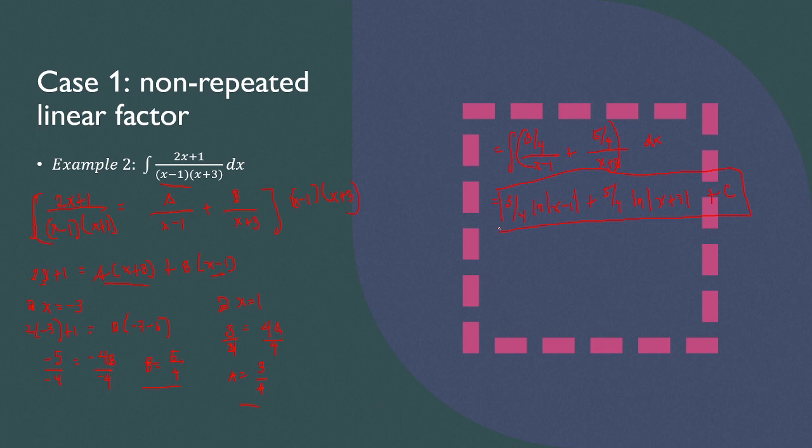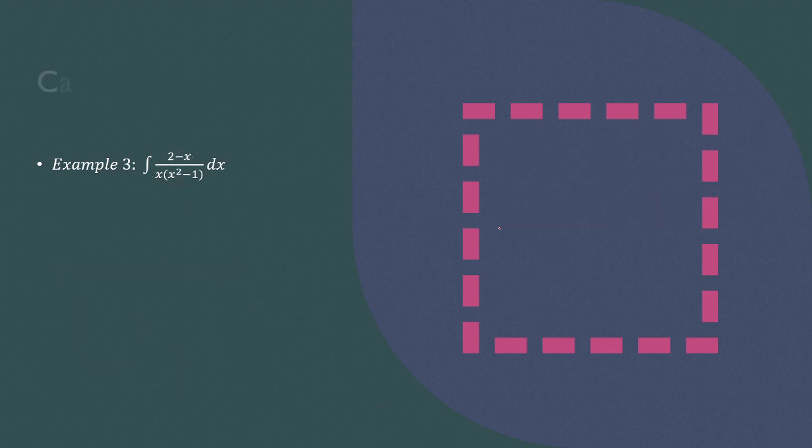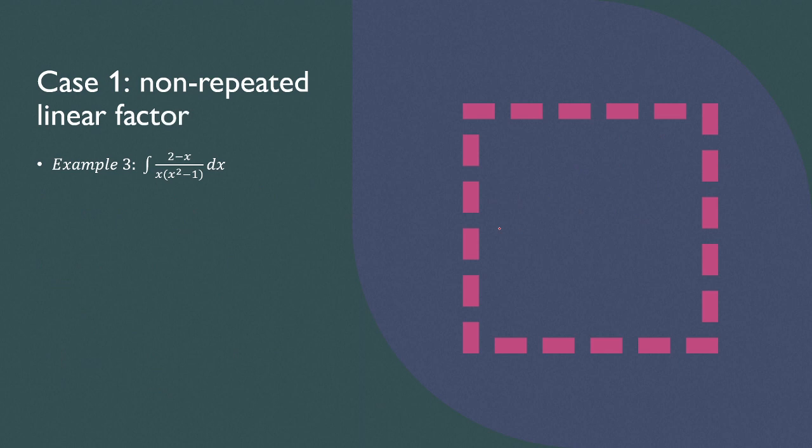Okay, let's move with another example, which is still case number 1. As you can see in this example, it's a non-repeated linear factor, but the constants are a, b, and c. Why is it like that?